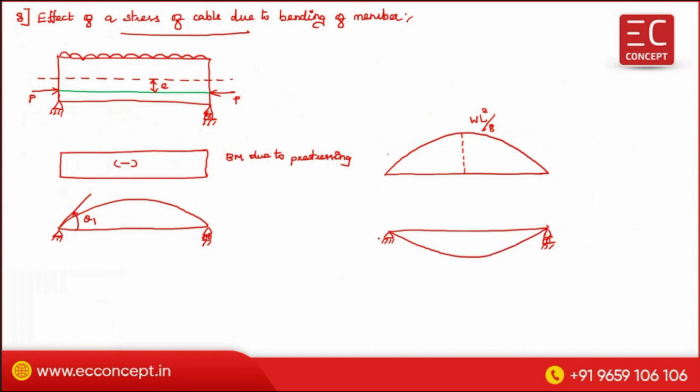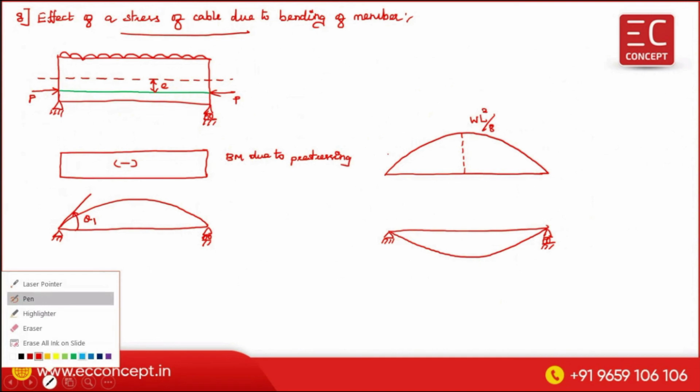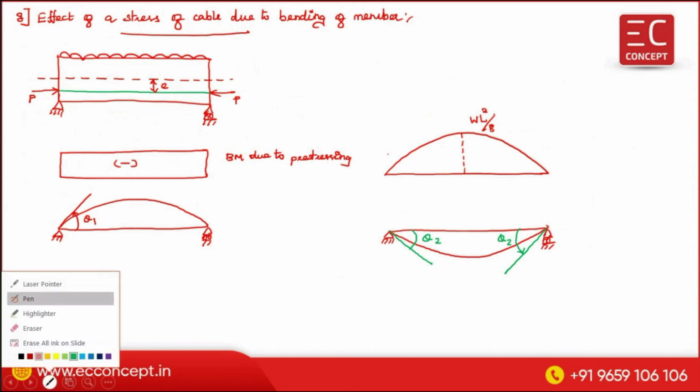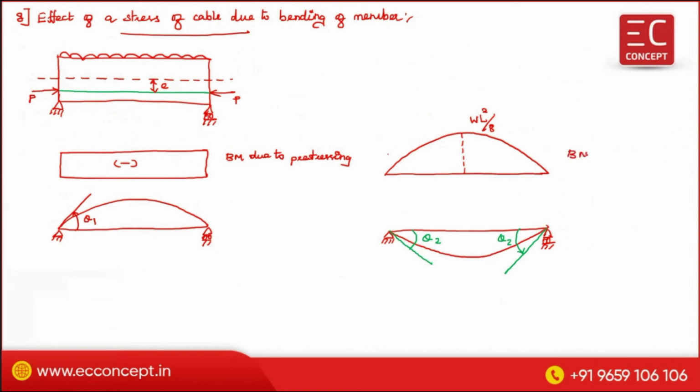So this is theta 2, and this also theta 2. This is bending moment due to external load. This is bending due to pre-stressing.